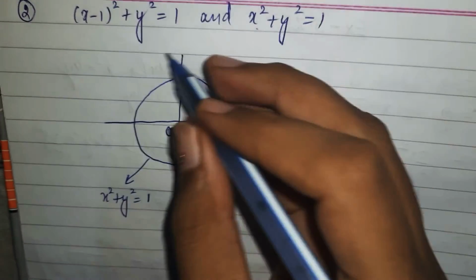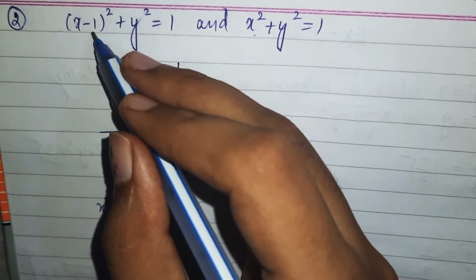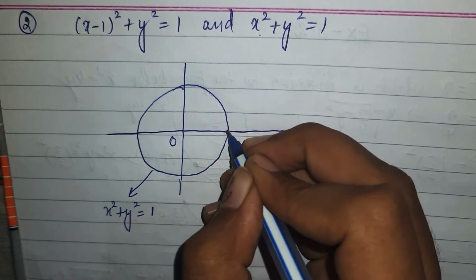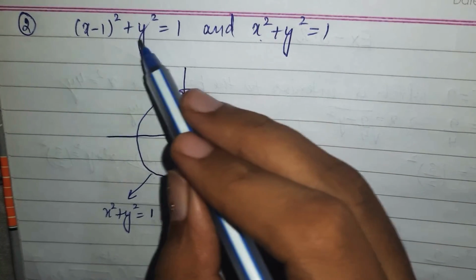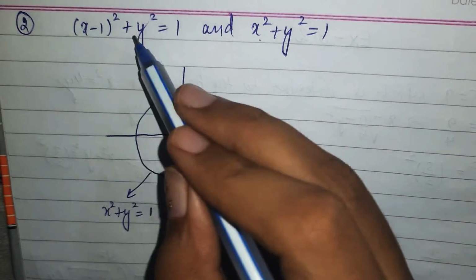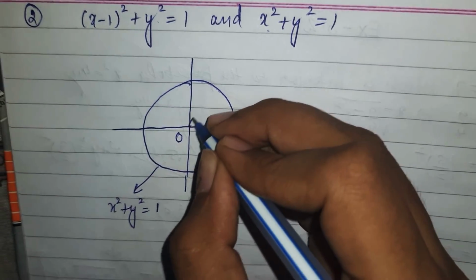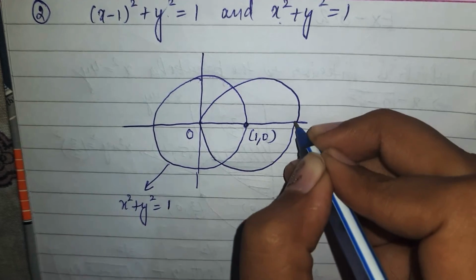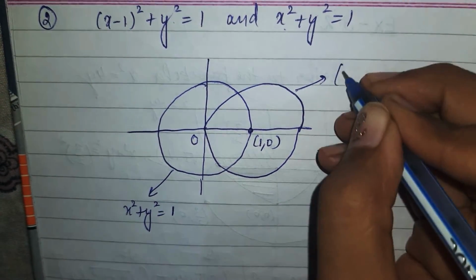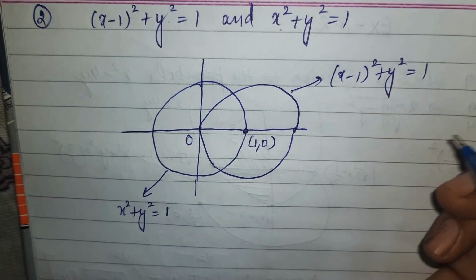After that, this circle will have center 1 comma 0. And what is the radius of this circle? That means the center will be, for this equation, h is 1, k is 0. So this circle will be (x minus 1) square plus y square, which is equivalent to 1.